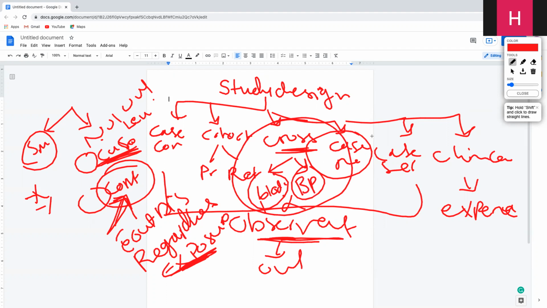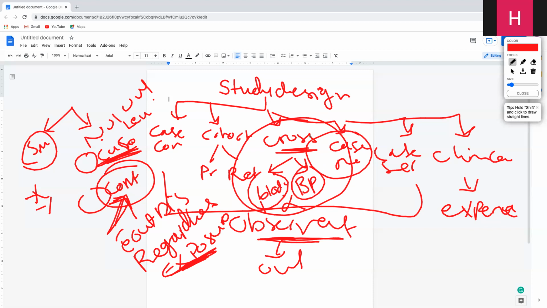So you will do blood sample, genetic testing, whatever it is, and you will check their blood pressure, or you will ask which one is having hypertension or diabetes, and you will make the correlation at that moment. That's why when you compare this one with the case control, sometimes it's very confusing, right?